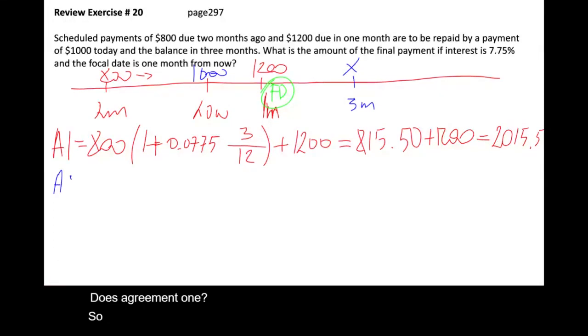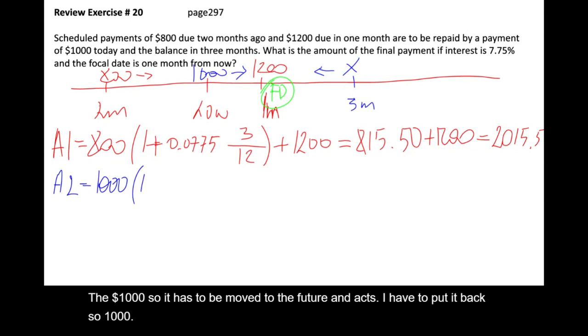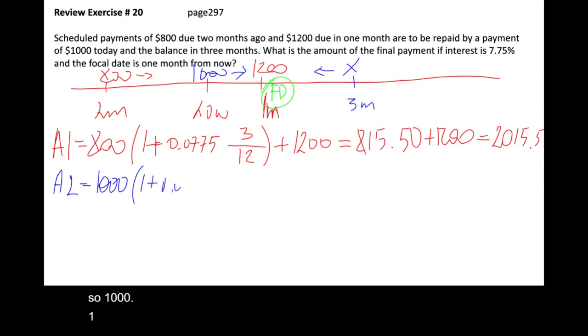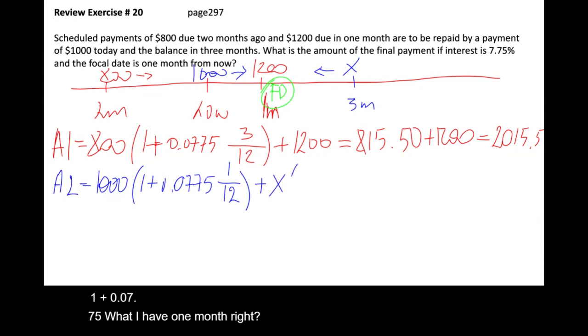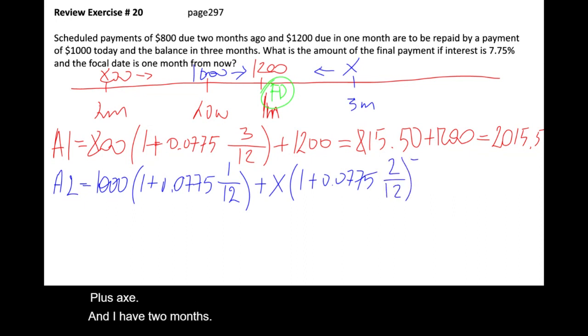So agreement 2, that $1,000 has to be moved to the future, and X I have to bring back. So 1,000 times 1 plus 0.0775, and I have 1 month, right? Plus X, and I have 2 months, present value.